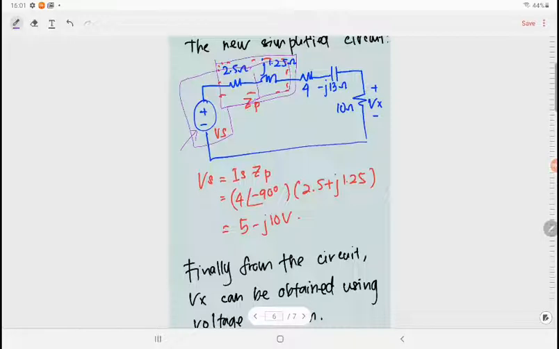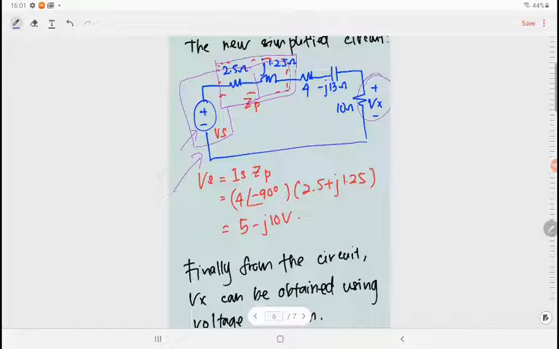So if you see this circuit, we can say that this circuit now becomes all in series. So this is the simplified circuit, right? Therefore it is easy for us to find the value of Vx.